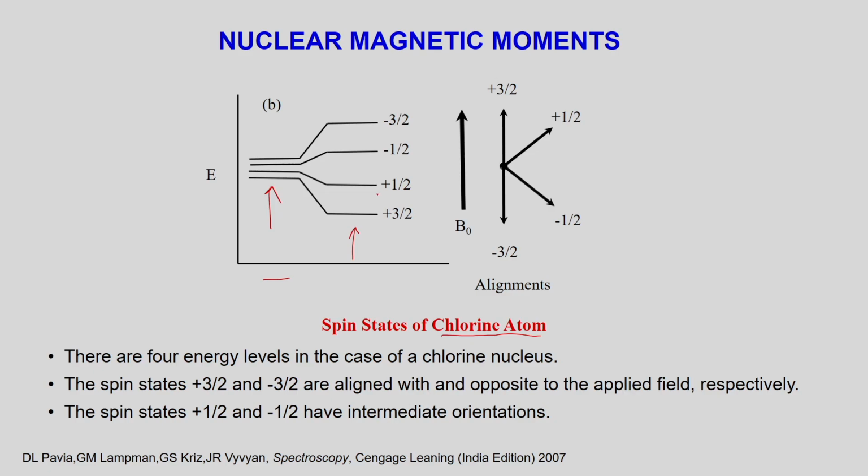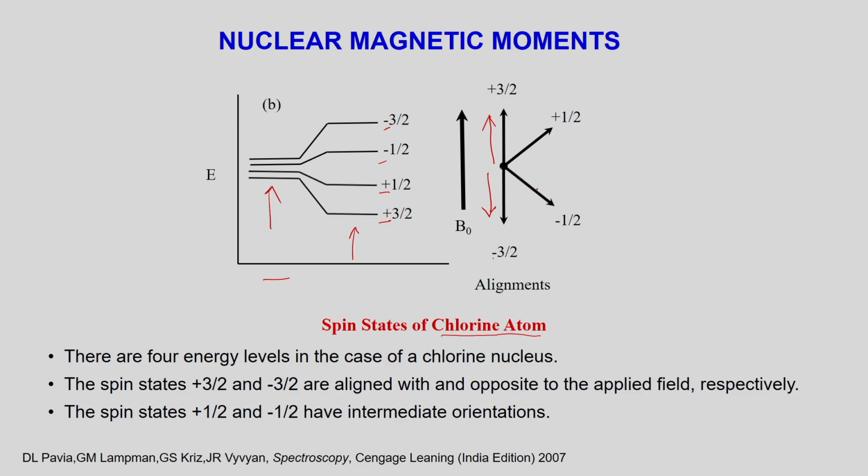Those which are positive are aligning with the magnetic field, and those which are negative are opposing the magnetic field. Now, what about minus half and plus half? The one with a higher value, plus 3 by 2, may either move up or move down based on its sign. It is opposing, this is aligning.